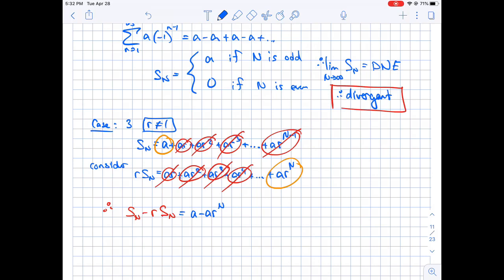Well, our goal was to find a nice formula for our partial sum, for s sub n. So now I have s sub n 2 times on the left, but I can just treat it as any other unknown. I can factor it, so I have s sub n multiplied by 1 minus r. That's going to be equal to a minus a times r to the power of n.